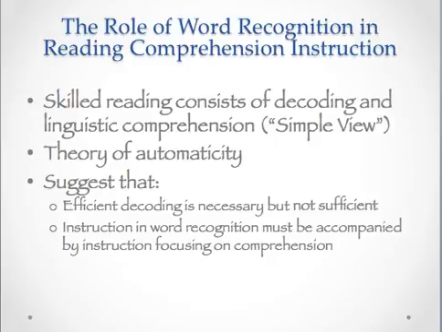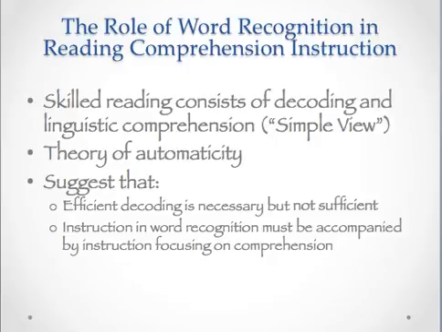Meaning that if we look at the rope model, there are these two strands, one which is word recognition and one which is listening or linguistic comprehension. Never to suggest that decoding is sufficient. It is necessary, but not sufficient for reading comprehension.